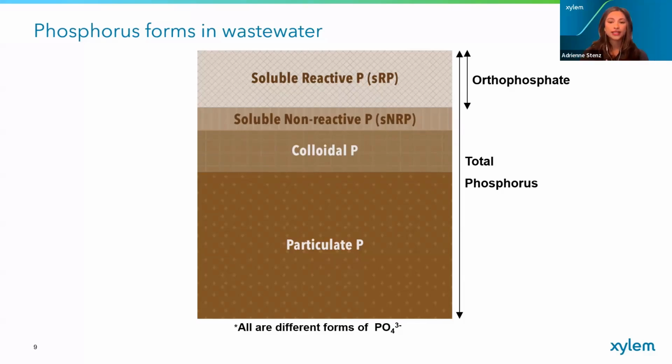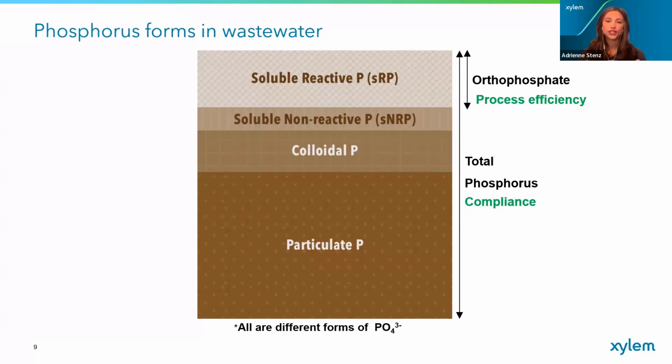So if you remember from a couple slides ago, orthophosphate is a single phosphate group by itself, meaning that it's readily available for chemical and biological reactions, hence the term reactive. Now, total phosphorus is the compliance measurement, but orthophosphate is a good measure of process efficiency.